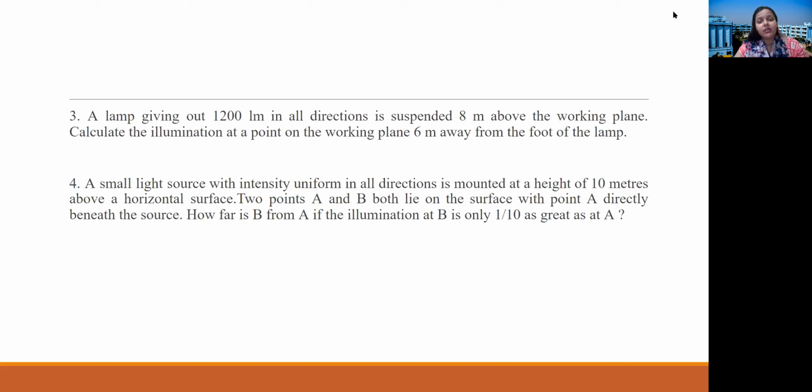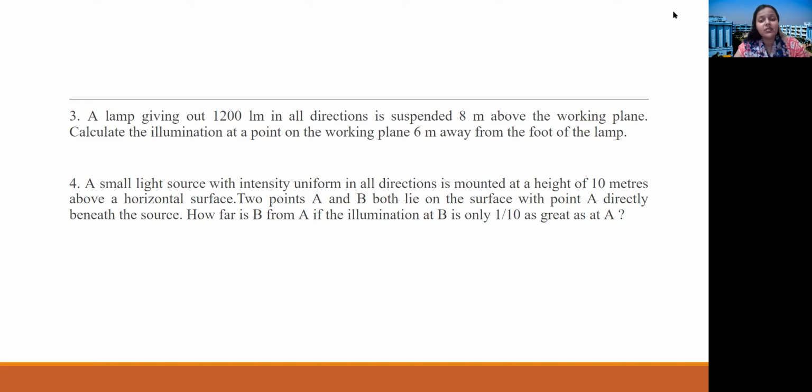So what will be the illumination? Once you can find the hypotenuse, you can also find theta. So you can have your D, you can have your theta, so you can have your cos theta. Now for calculation of illumination, E equals I by D square cos theta.